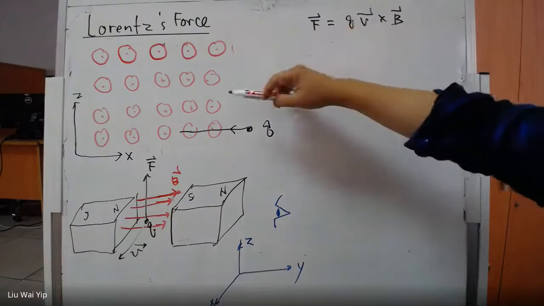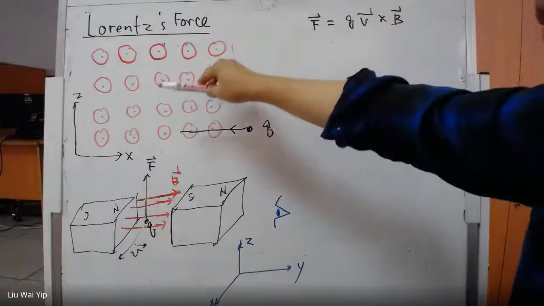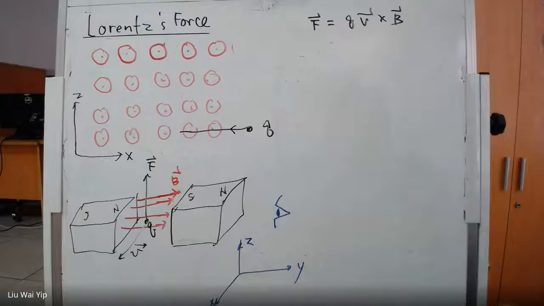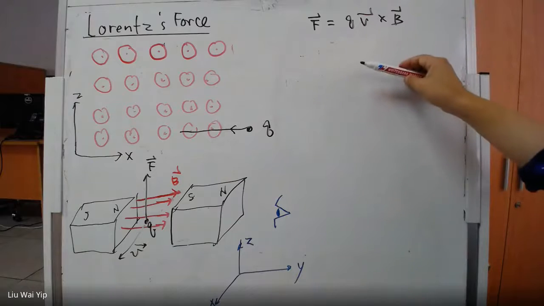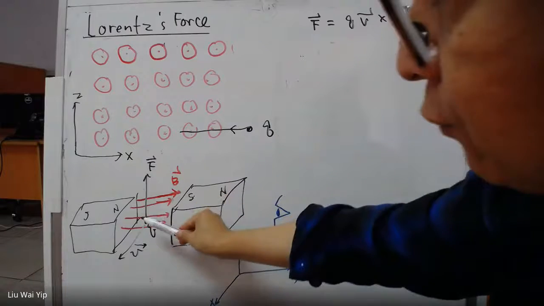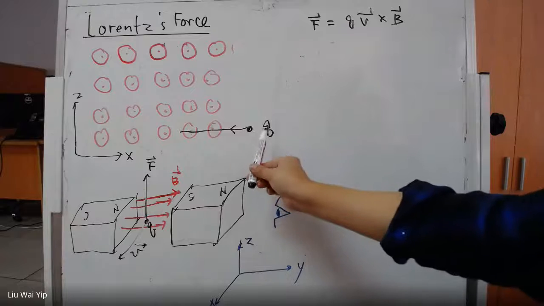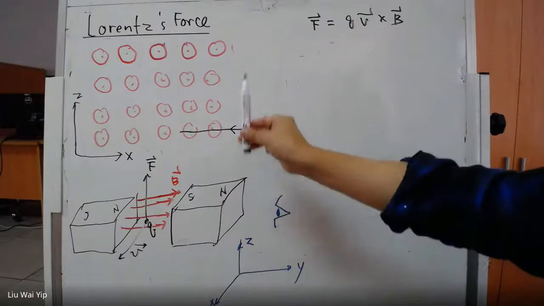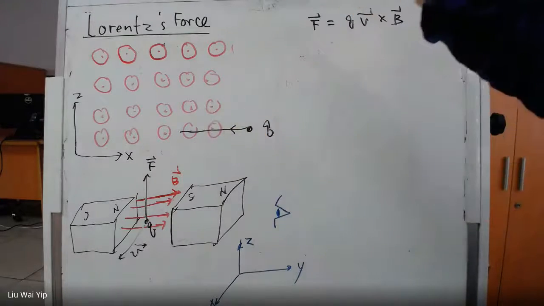But because of the interaction between the magnetic field and the charge velocity, there is a force, and in this case, the force is pulling the charged object upwards.